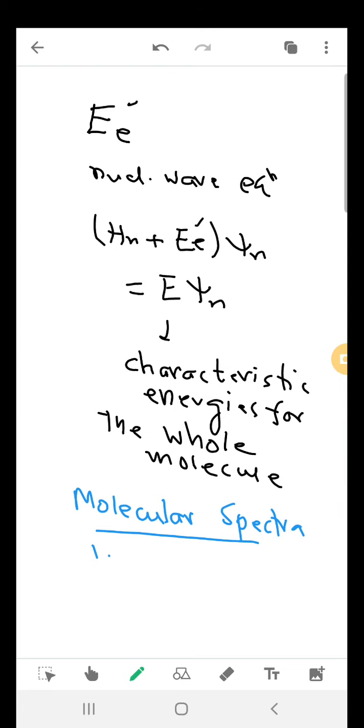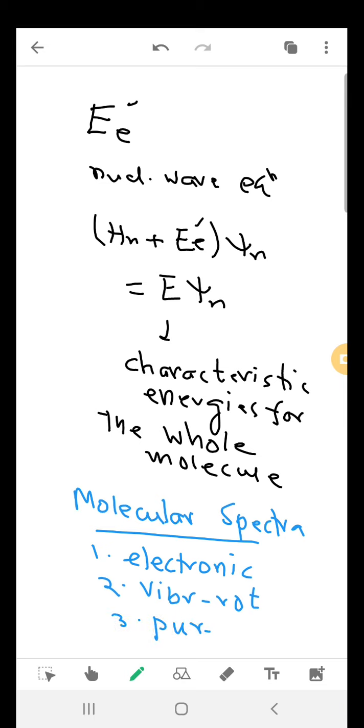The first one is electronic, the second one is vibrational rotational, and the third one is pure rotational.